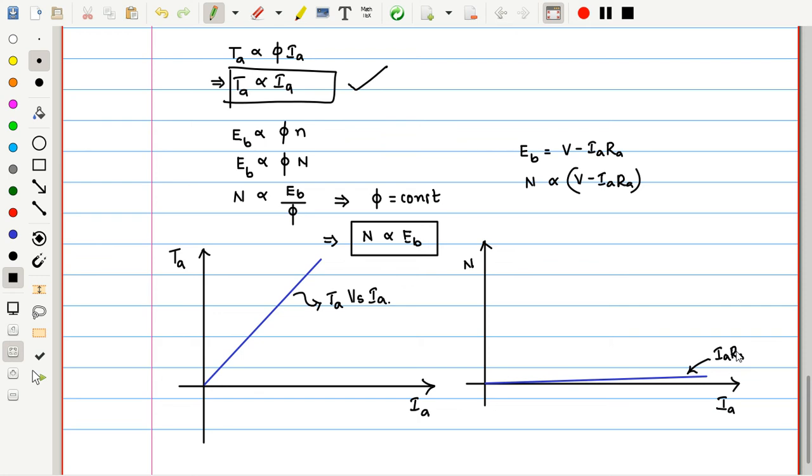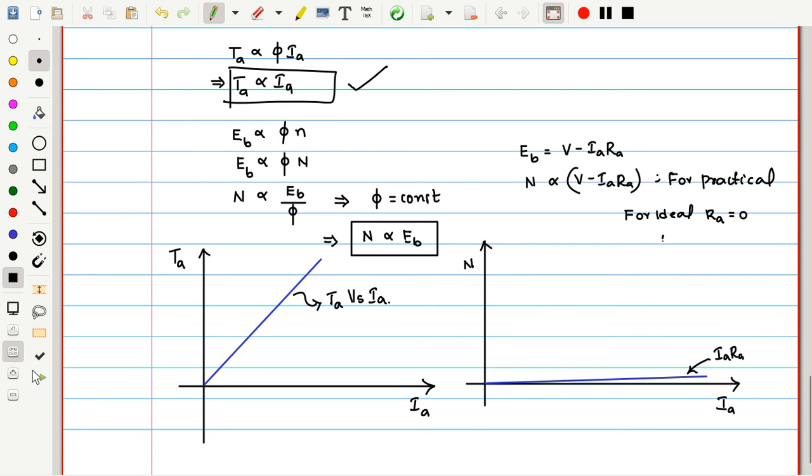But because Ra is very small, this drop will usually be very small. So consider the ideal case, and this is for the practical case. Practically Ra will be there, but for an ideal armature winding, this Ra may be 0.